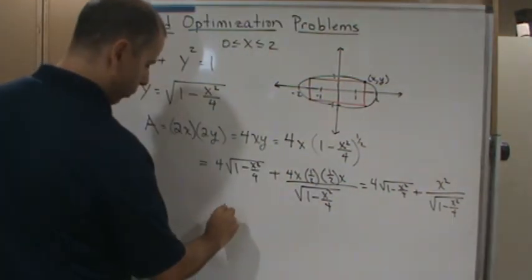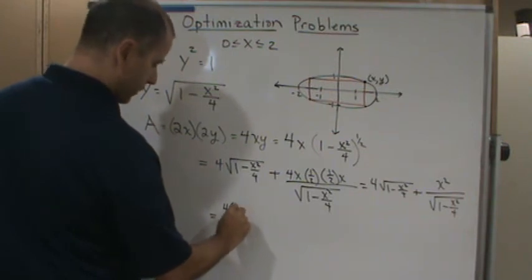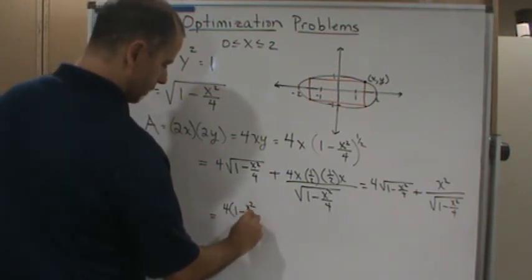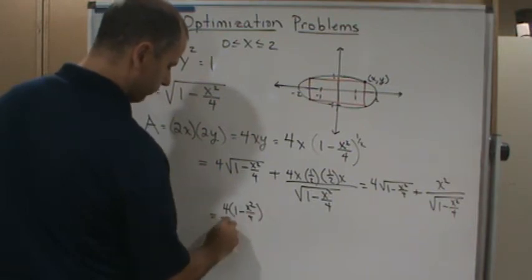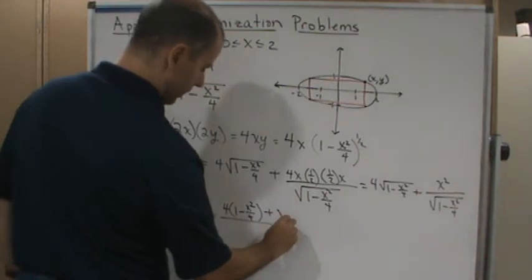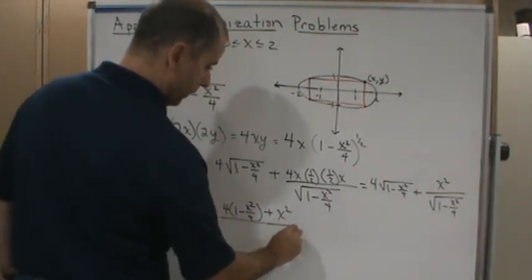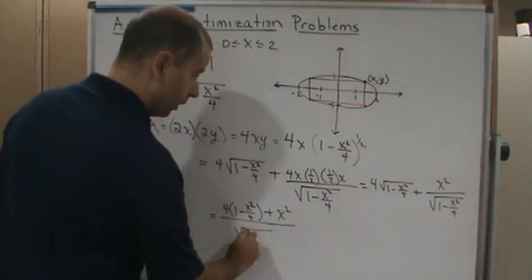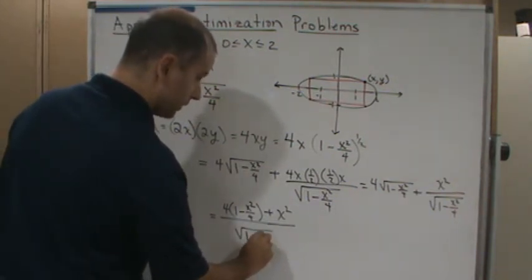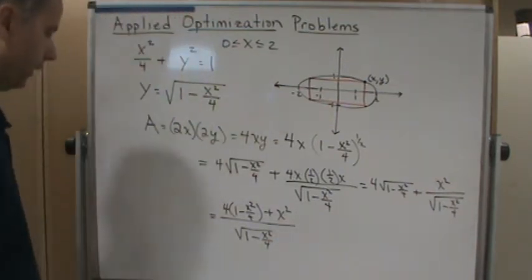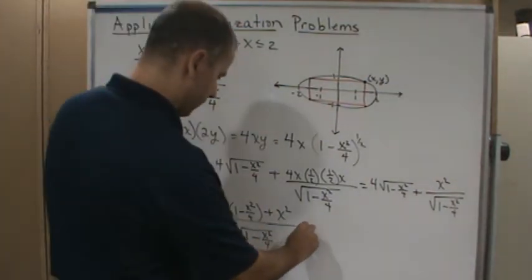So I'm going to get 4 times 1 minus x squared over 4 plus x squared, right? And then I'm going to have the common denominator of the square root of 1 minus x squared over 4. Now I'm going to simplify.